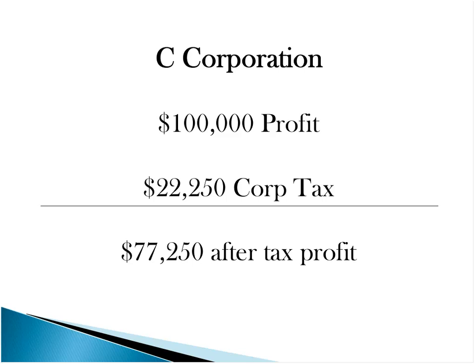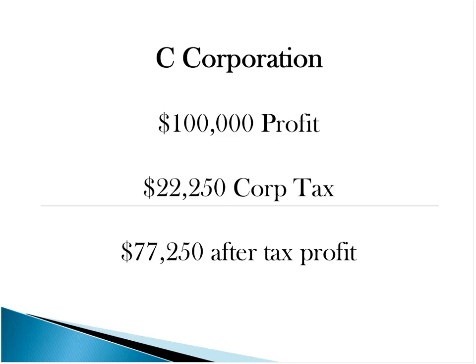Now, the assumptions that we're going to make include that the net business income is going to be $100,000. So it doesn't matter what your revenue is. Whatever your revenue is minus your expenses, it could be $1 million in revenue minus $900,000 in business expenses. Whatever it is, you've got $100,000 of profit.